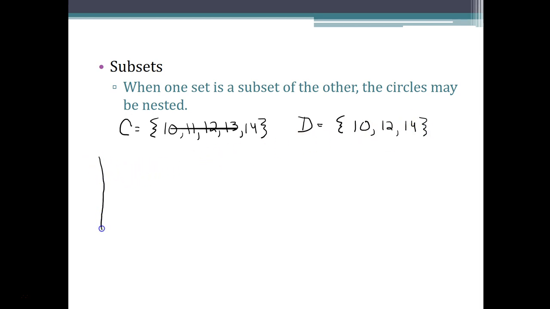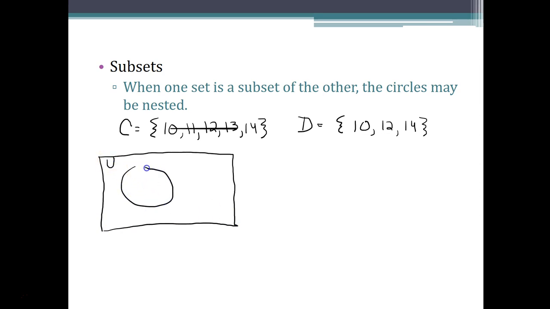Well, one way to draw the Venn diagram is to have the overlapping circles, MasterCard symbol. And in this case, the 10, 12, and 14 would go in the overlap because that's what C and D have in common. Then C additionally has 11 and 13, which are not in common with D, so those would go over here. D does not have any extra elements besides the 10, 12, and 14, so that would be it.